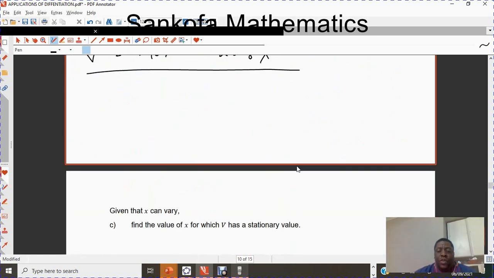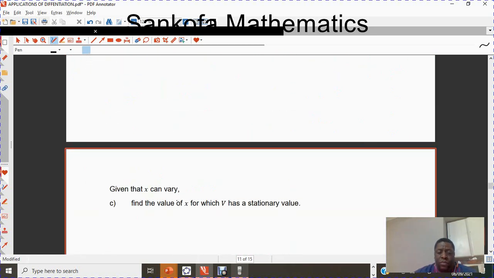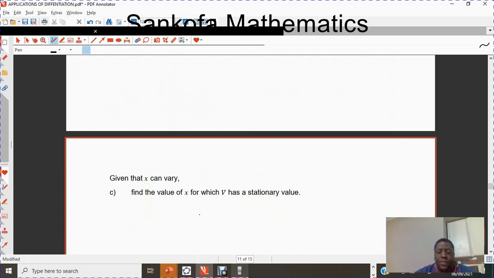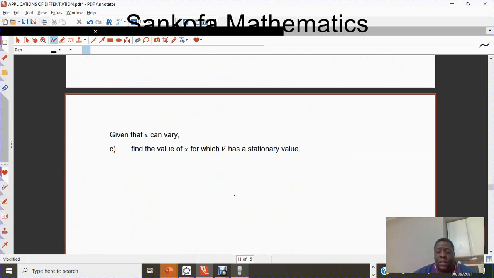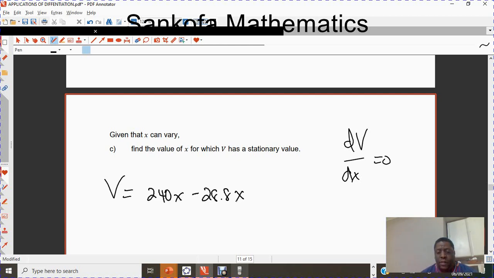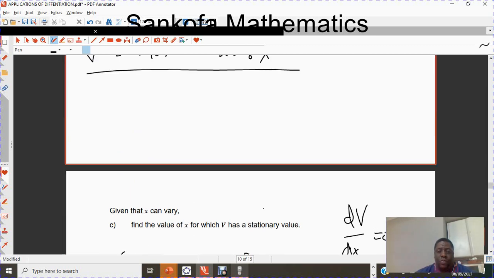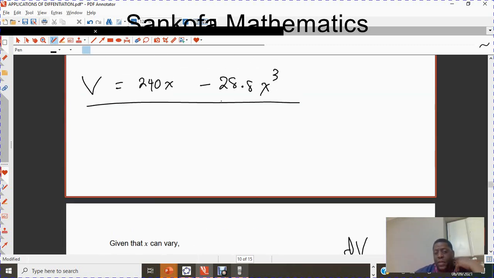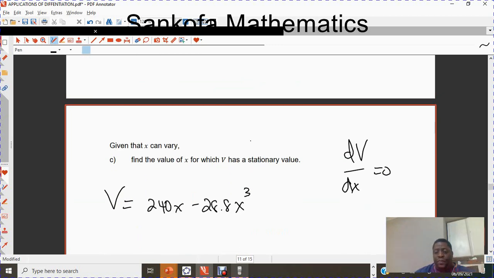All right, so the next part, they say given that x can vary, find the value of x for which V is a stationary value. Basically what that means is dV/dx should equal 0, and we know from our previous work that V is 240x minus 28.8x cubed.